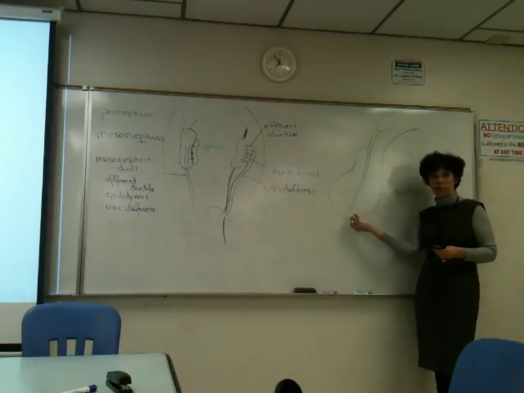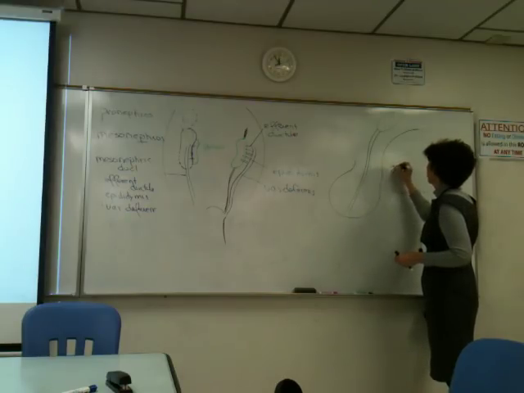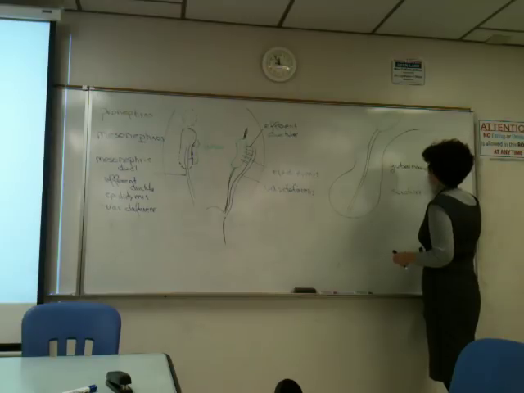This is attached to the inferior aspect, the bottom of the sac, and it degenerates over and over in an overlapping fashion as it shortens.